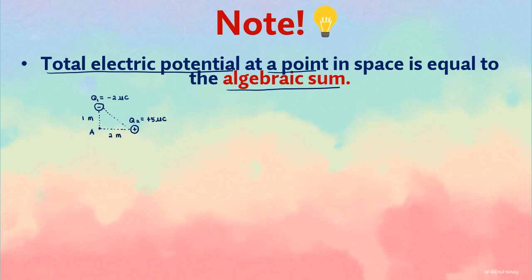So the total electric potential at point A is equal to the electric potential from point charge Q1 to point A, plus the electric potential from point charge Q2 to point A. So it becomes KQ1 over R1 to point A plus KQ2 over R2 to point A. When we do the substitution, it becomes 9 times 10 power of 9, and the Q1 just now is negative, so you must insert the sign of charge into the substitution.